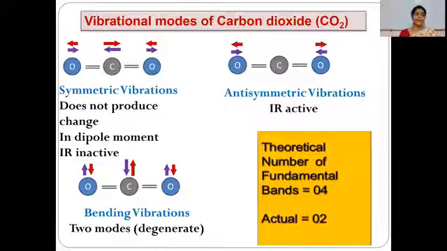That's why they are considered as degenerate vibrations and considered as one vibration because they appear at the same energy. So the theoretical number of fundamental bands calculated for carbon dioxide is 4, but actually in IR only 2 bands are produced by the carbon dioxide molecule, one by the antisymmetric vibration and another by the bending vibration. That is degenerate. That means two vibrations appear at the same energy.